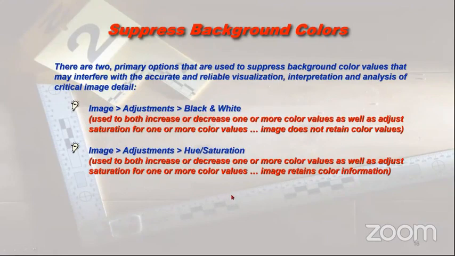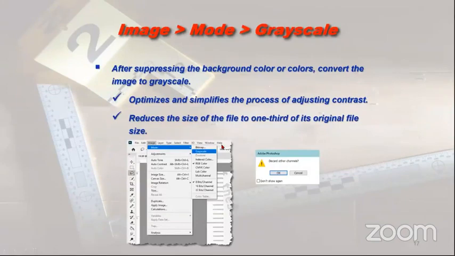But the bottom line is that when I use black and white, the end result is a grayscale image. When I use hue and saturation, I still have color that is retained within the actual image itself. So the one thing that I want to do is, as soon as I get done with my processing, I want to make sure that I go in and I suppress the background color values and convert the image into grayscale.